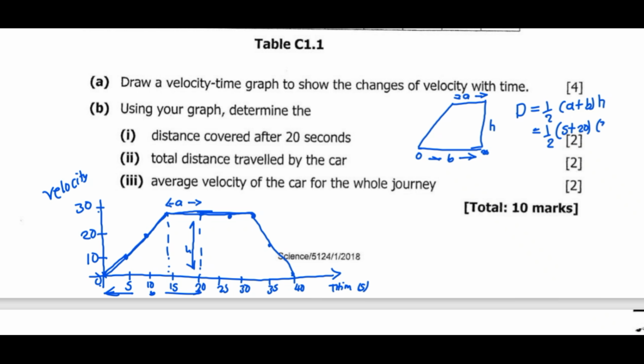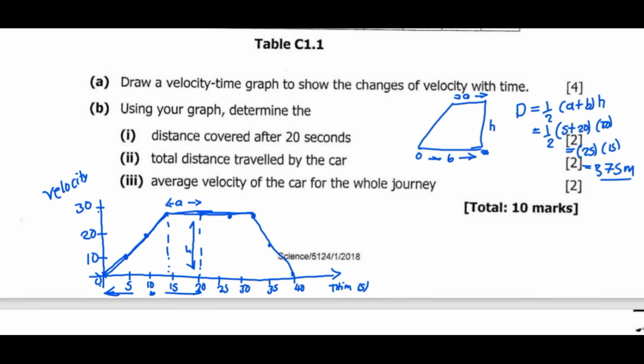Our height is 30. So 20 plus 5 is 25. Half of 30 is 15. Then 25 times 15, I'm getting 375 meters. So that is our distance.